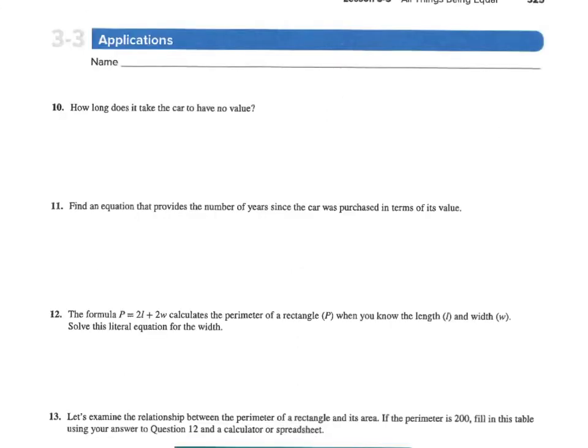Number 10 asks us, how long does it take for the car to have no value? So we're looking for the value to be 0 at this point. So in our equation, we should have 0 equals 15,000 minus 2,000 T. Now if you wanted to, you could go ahead and subtract the 15,000 from both sides.